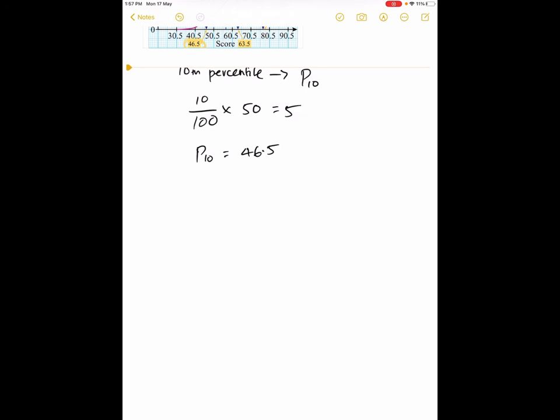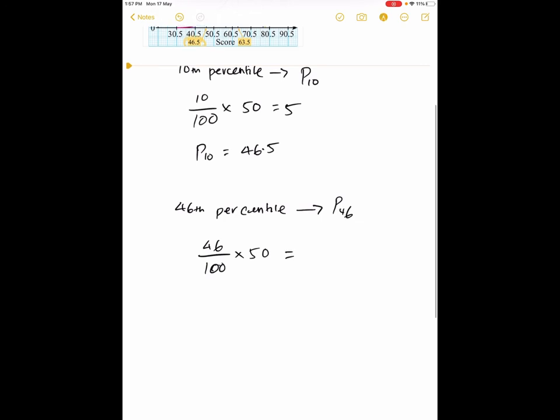And then for the second question, the 46th percentile, which is represented by P46. This one is also divided by 100 and then multiplied by the cumulative frequency, so we get the value of 23.